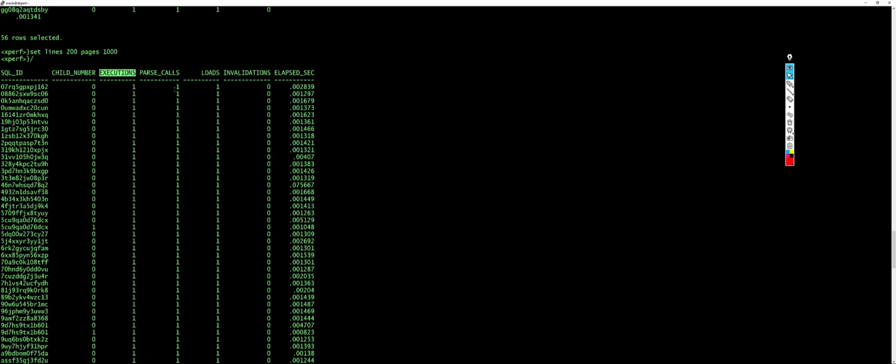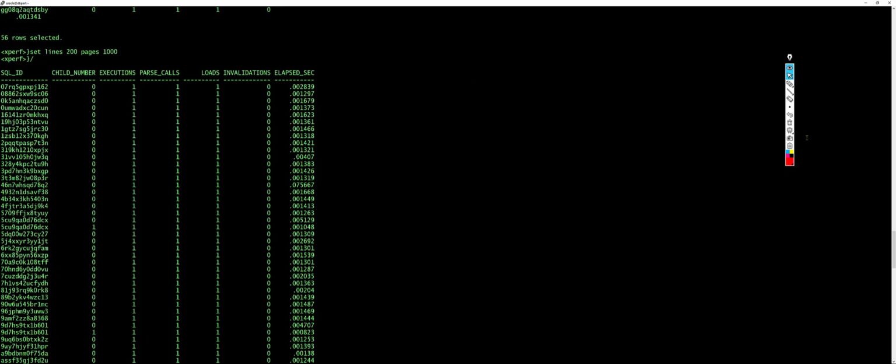That means that the SQL statements are properly shared and properly executed in the database. If you see one parse call per execution, then that means the SQL is not shared, and Oracle is recreating the code every time a particular SQL statement is executed on the database.